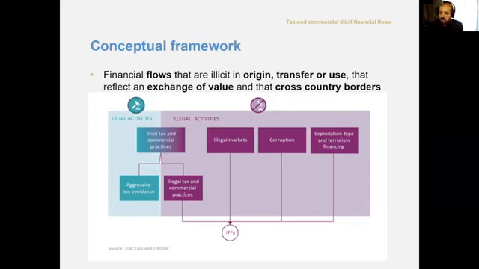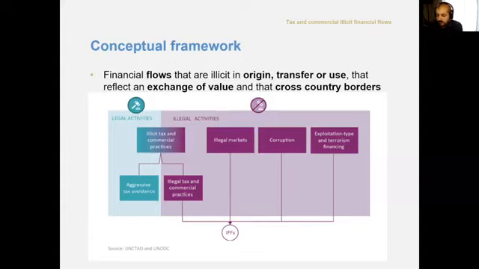As we can see, illicit tax and commercial IFFs are essentially broken down into two. One, illegal tax and commercial practices. Examples here are tariff, duty, or revenue offenses, tax evasion, and so on. Often these are part of the non-observed, hidden, or even shadow economy. Now, the second part of the illicit tax and commercial IFFs is so-called aggressive tax avoidance.